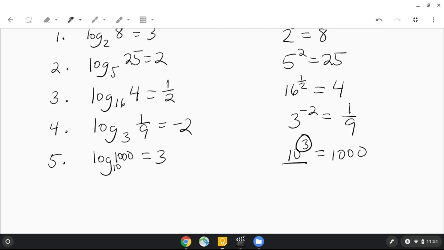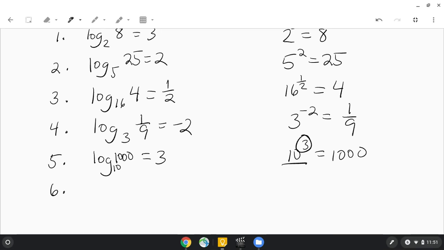Okay, so let's have another look. Suppose that I have 4 to the 1/2 equals 2, which is true because 4 to the 1/2 is like saying square root of 4. So when we write this in log form, again, we use the same base.